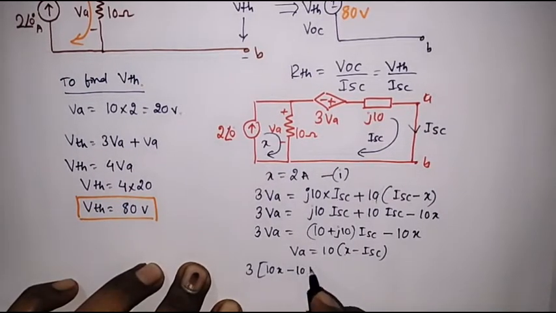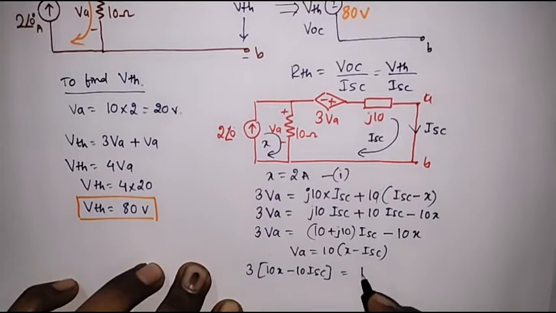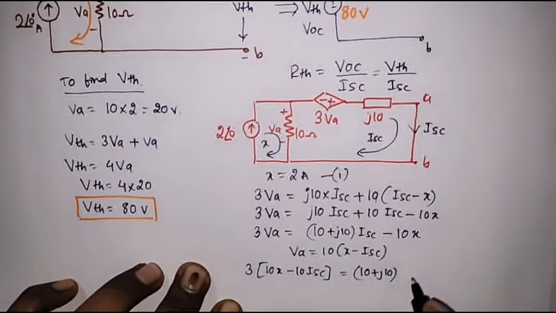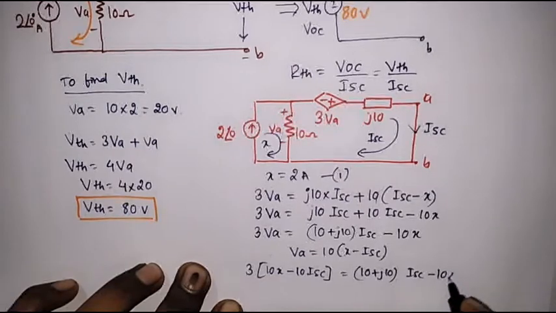So 3 times 10X minus 10 ISC is equal to 10 plus J10 ISC minus 10X.